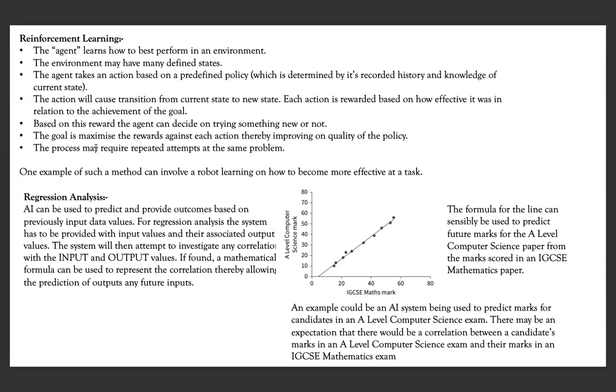The process may require repeated attempts at the same problem. So basically, you attempt the problem, you get a reward for it. You attempt it again, you get a higher reward. Eventually you get better and better at that same problem, resulting in better and better rewards.